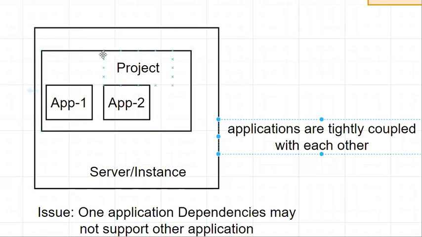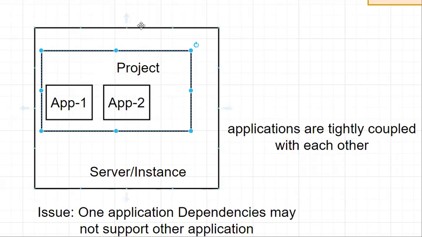Let's say in my project, if one of my applications fails, can I say my whole project's working will be disturbed? Yes. Let's say my application 2 has failed and the dependency is also not working. My application 1 also uses some dependencies that application 2 is using. Can I say the dependencies are also not working for application 1?